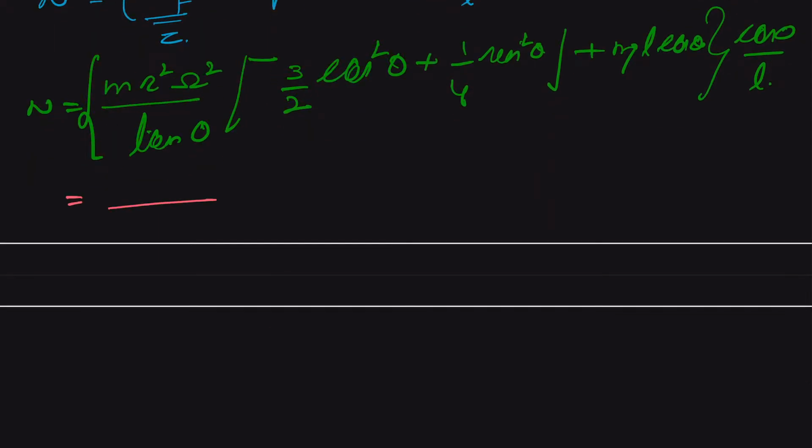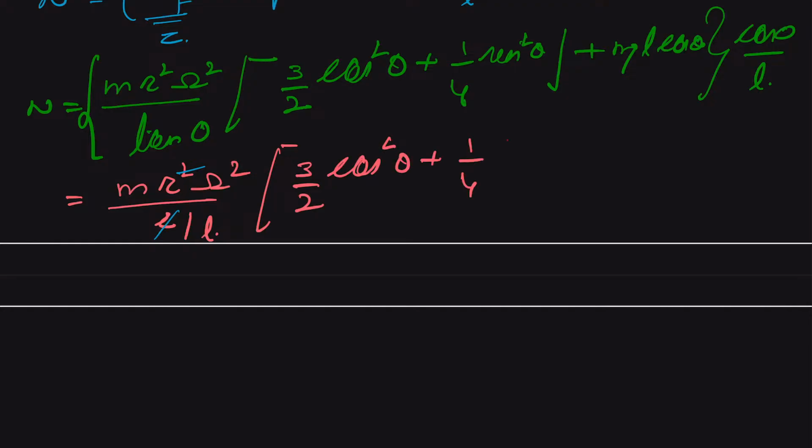So we get mr square omega square, and we have this as R upon L, and this square cancels with R. Inside we are left with 3/2 cos square theta plus 1/4 sin square theta, plus mgL cos of theta, and the entire term is multiplied by cos of theta divided by L.